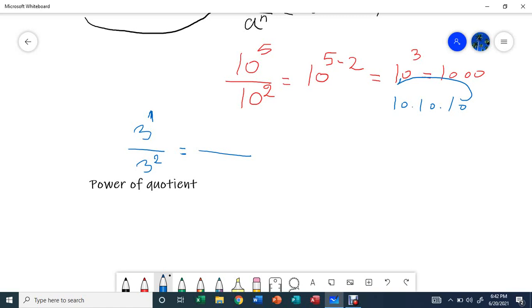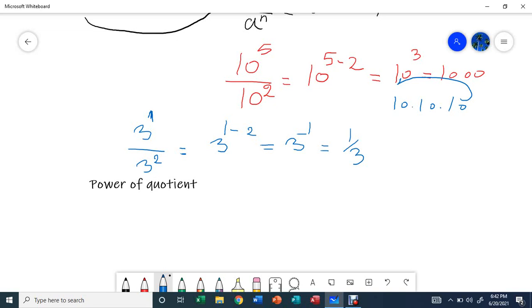So 3 is the base, and you subtract 2 from 1, so you get 3 to negative 1, and again using the negative exponent, that's 1 over 3.